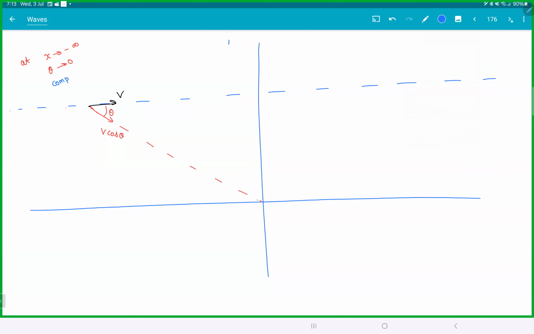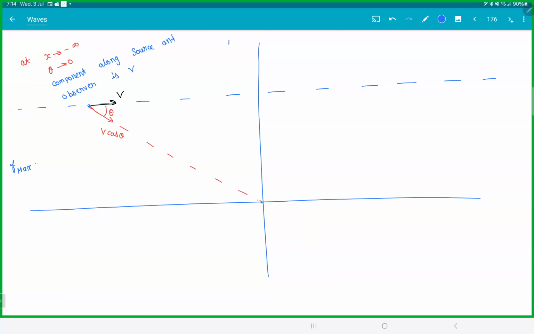The component along the line, meaning let's call it S and the observer, is V. That means he is going to hear the maximum frequency here.